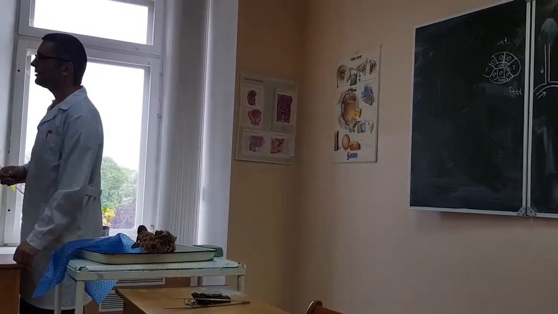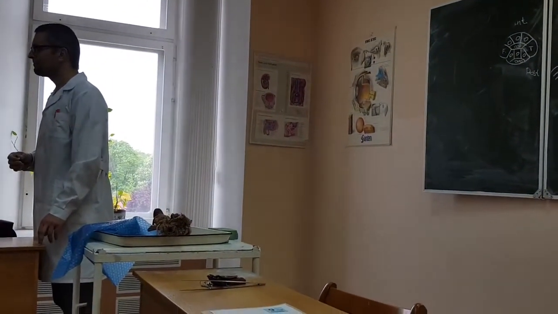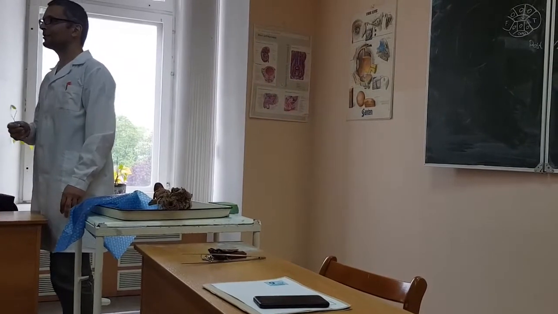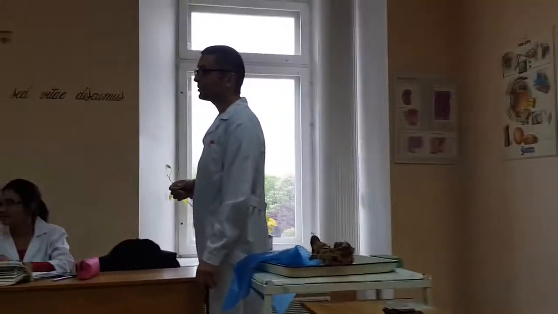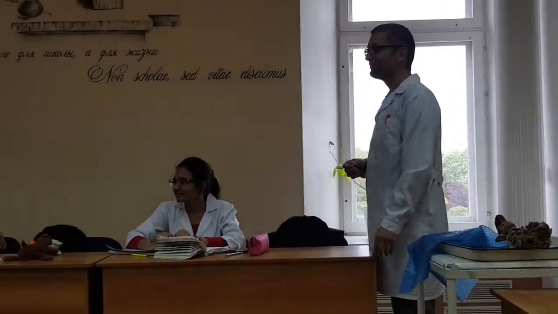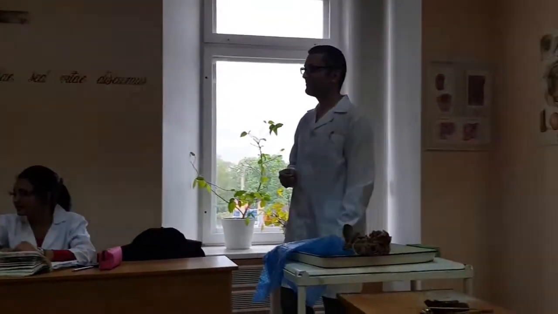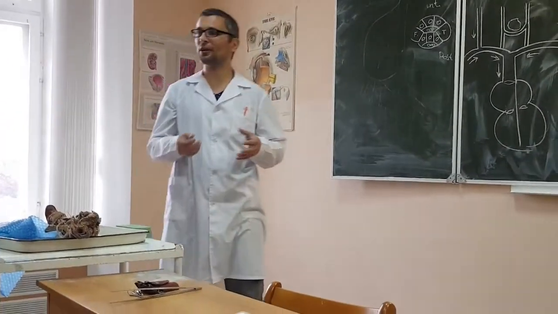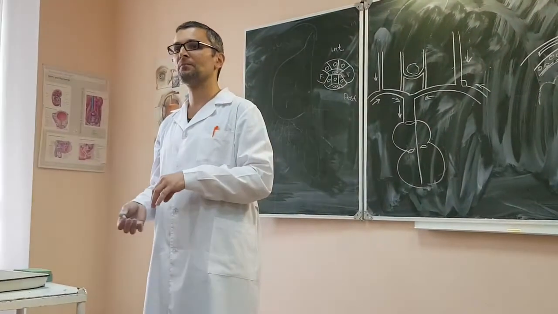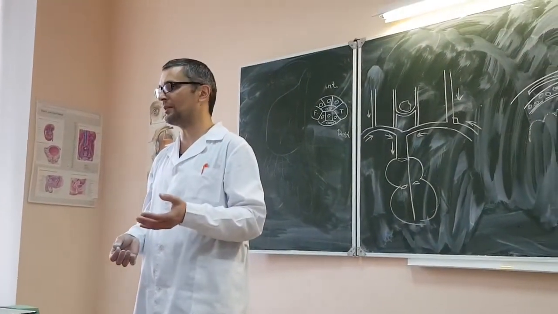Foramen magnum, foramen lacerum, foramen spinosum, foramen parietale, foramen mastoideum, foramen ovale, foramen rotundum, a lot of openings. So through these openings, small veins go from the skull to the outside, and they connect intracranial structures with extracranial veins.